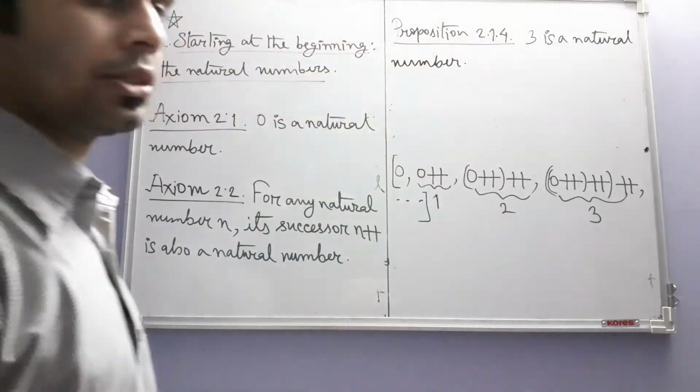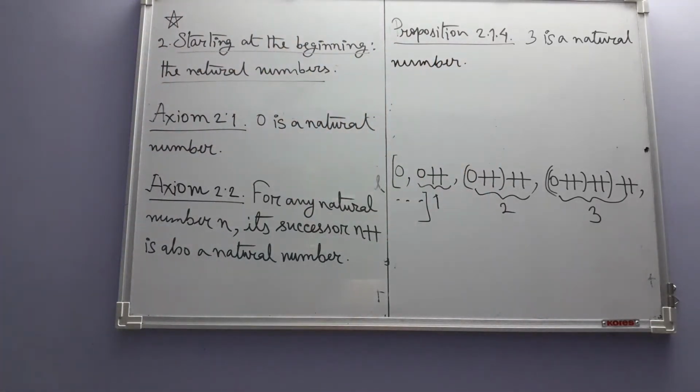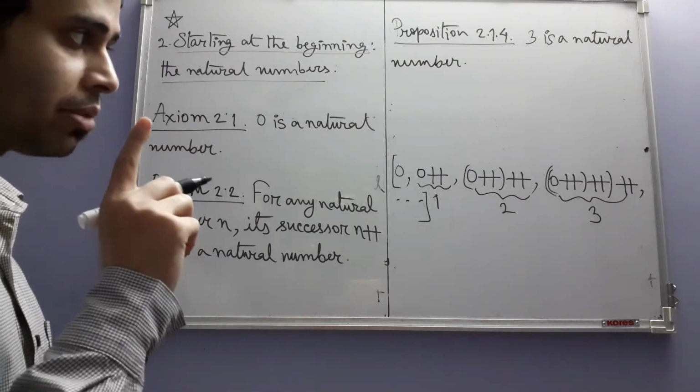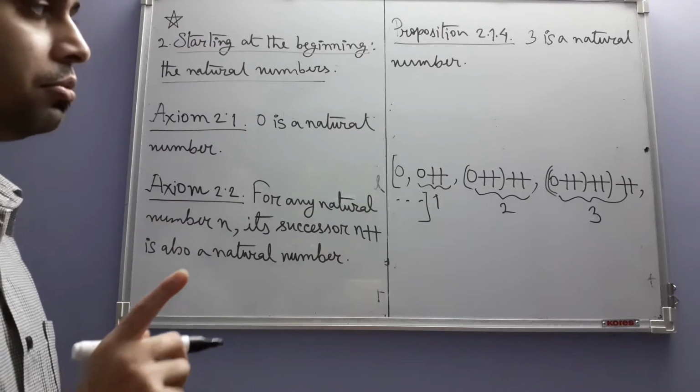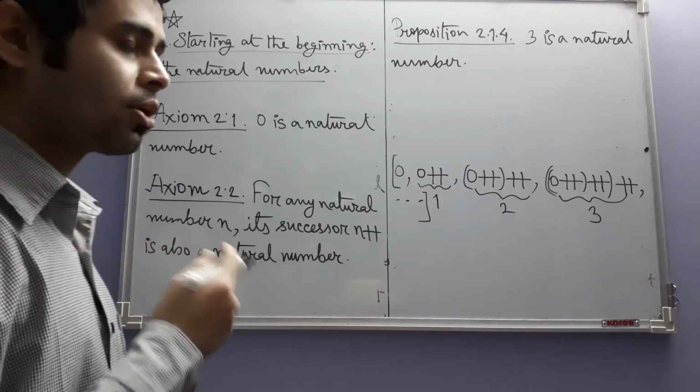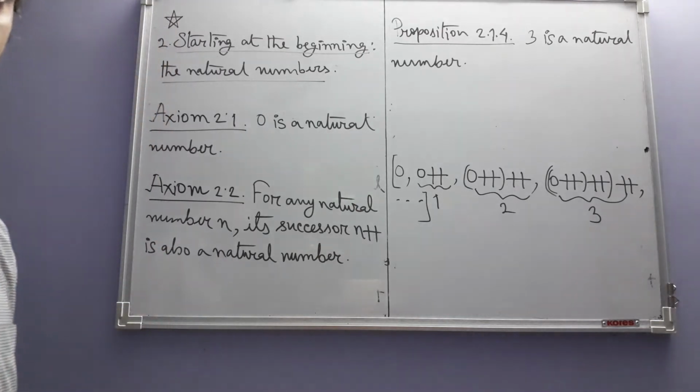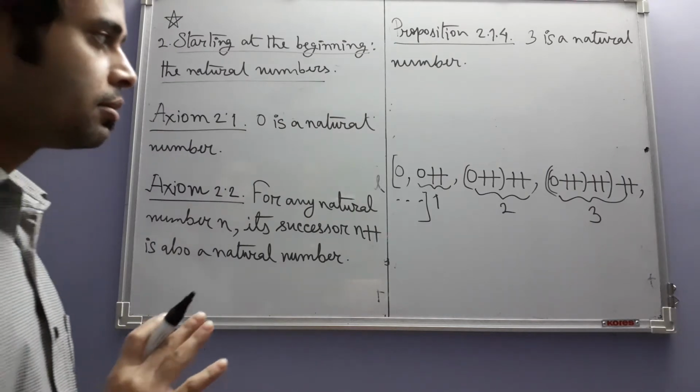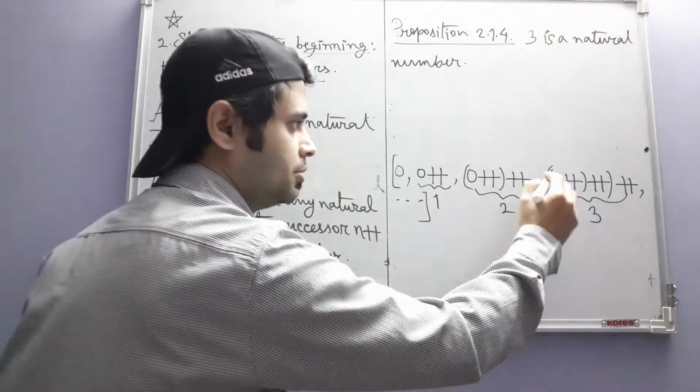This is the proposition. Now it may seem somewhat silly. We already know 3 is a natural number, but keep in mind, we have decided to forget the prior knowledge of natural numbers. For us, 3 is just this object.